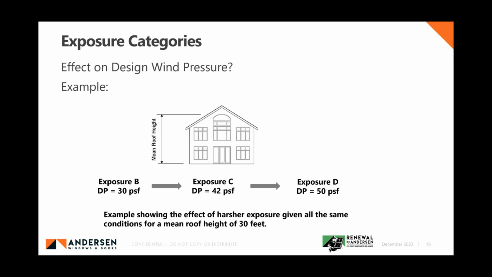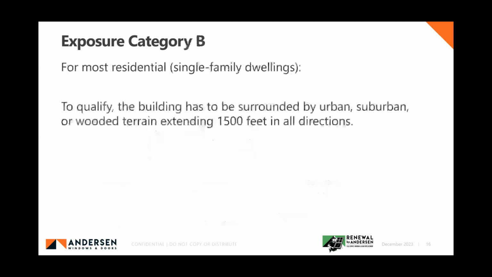And then if we take it a step further and say we want the exact same building, all other things being equal, and it's near a large body of water, so that qualifies for exposure D, then the design pressure for that case goes from 42 psf to 50 psf. Okay, so compared to exposure B, it's more than a 50% increase in design wind pressure. So the exposure category has a pretty big impact on what the design pressures are.